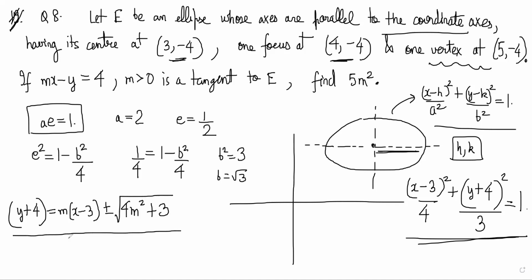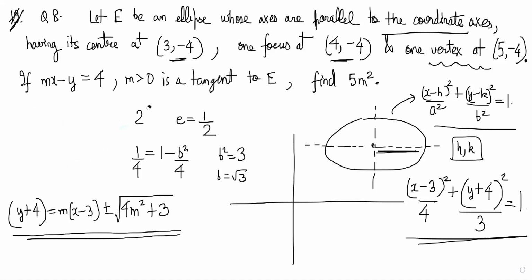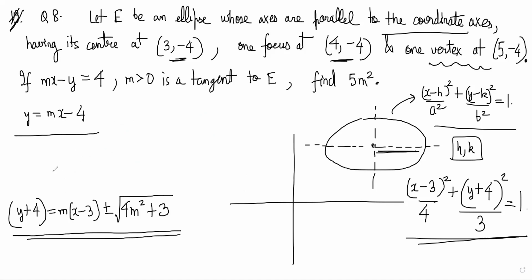This is your tangent, correct? Now you can compare it with y is equal to mx minus 4. Here you have y is equal to mx minus 3m minus 4 plus minus root over 4m square plus 3.